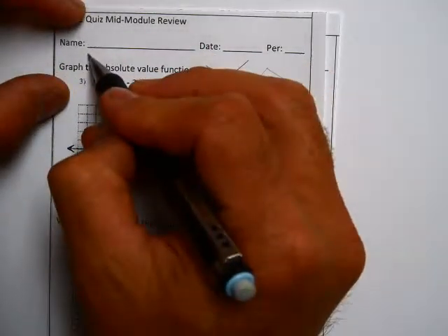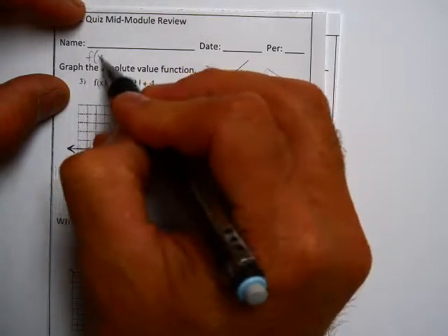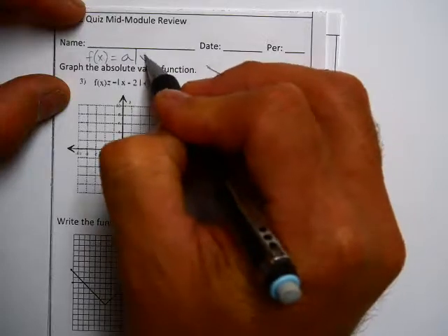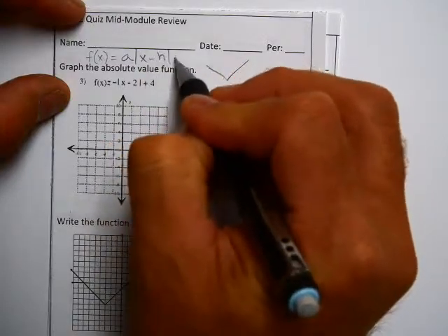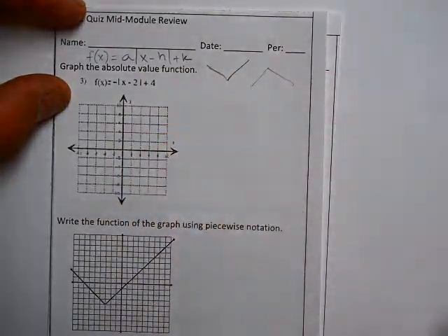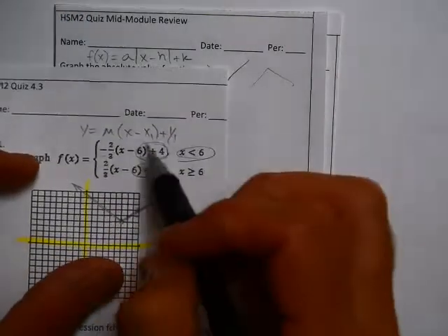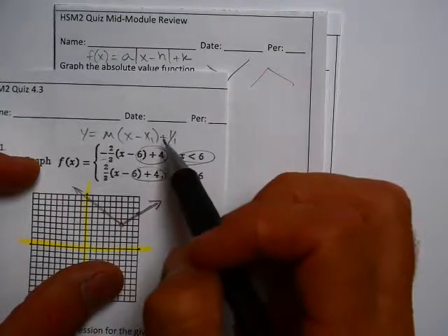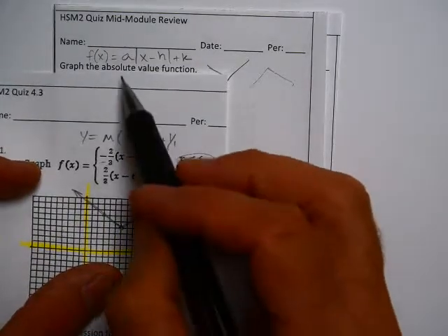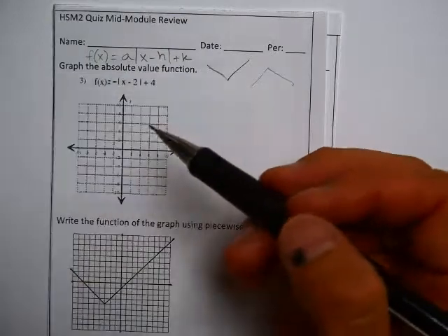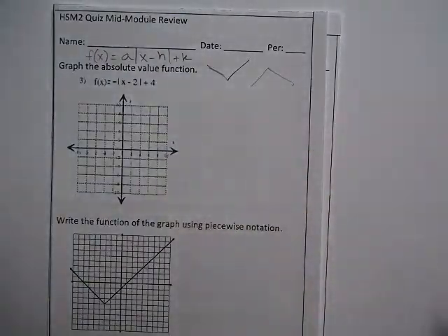The form of this is f of x equals a times the absolute value of x minus h plus k. Now, this is really directly related to this guy right here that I wrote on the previous quiz. The a and the m are really the same thing. We call it amplitude, but it's the idea of slope.